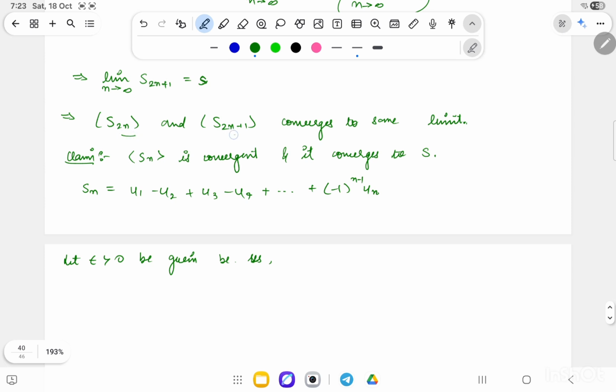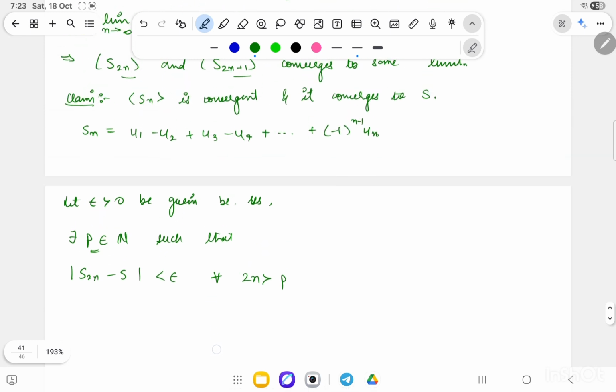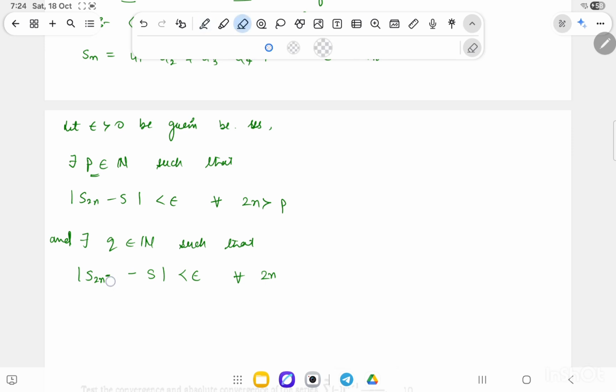Since we have shown that these two sequences are convergent, if we write their definition, for given epsilon there exists some p belonging to natural numbers such that modulus of s2n minus s is less than epsilon for all 2n greater than p. Likewise, for the convergence of s2n plus 1, there exists some q belonging to natural numbers such that modulus of s2n plus 1 minus s is also less than epsilon for all 2n minus 1 greater than q, that is for all 2n greater than q plus 1.